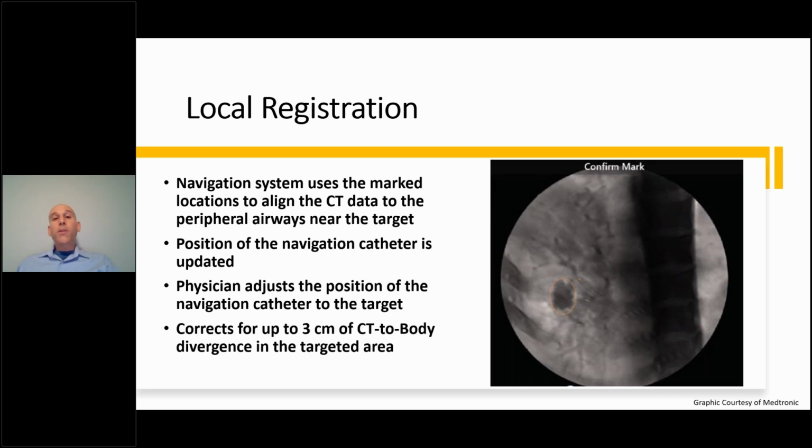This can correct for up to 3 centimeters of CT to body divergence, right around where you're aiming or localizing the lesion. So this is really important because if your average correction is about 17.6, this should be able to account for any CT to body divergence that's occurring.